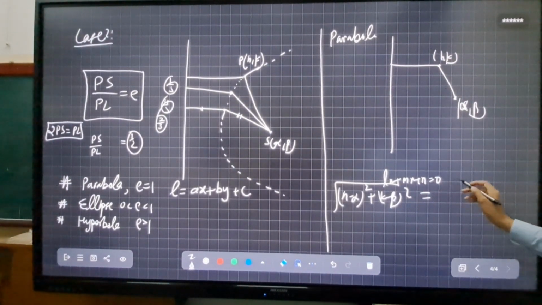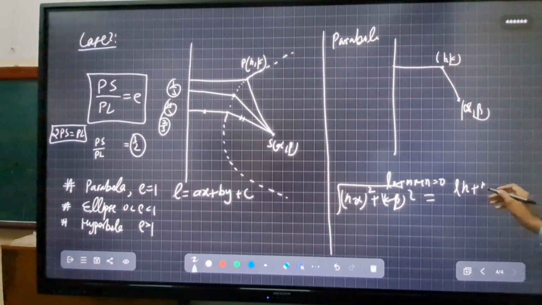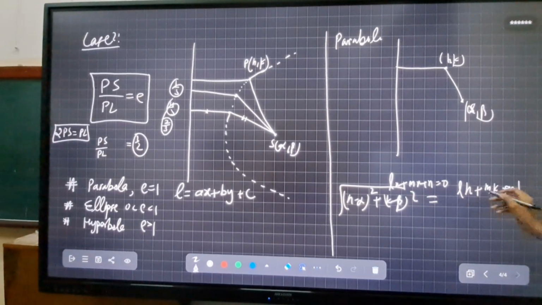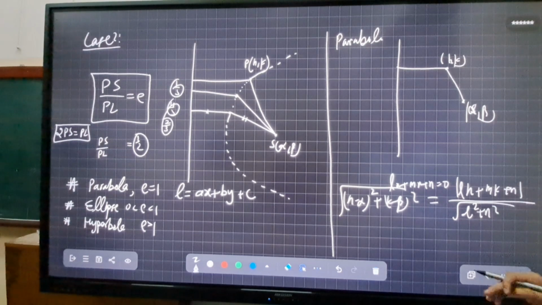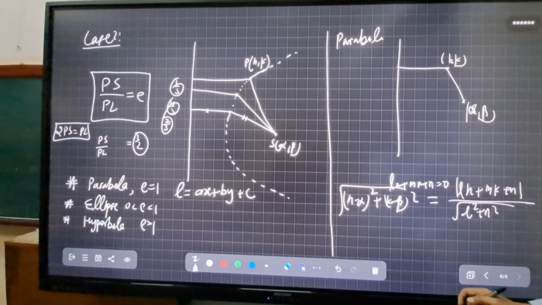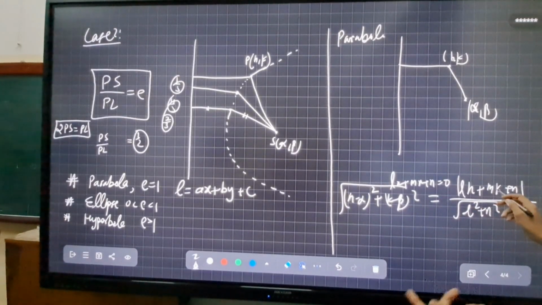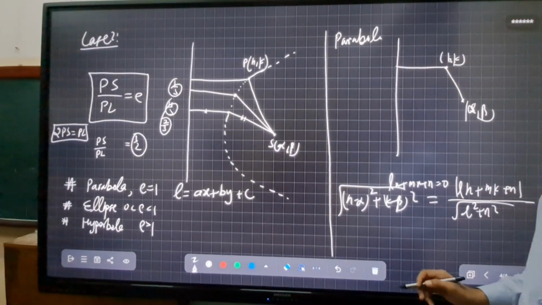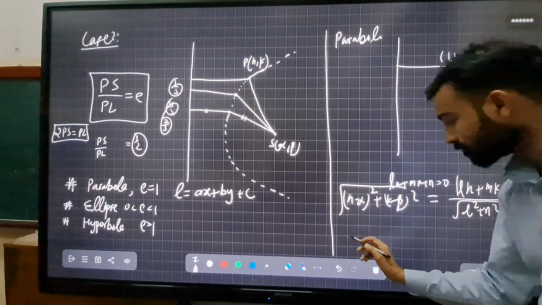That distance is mod of lx plus my plus n, divided by the square root of l square plus m square. If we square both sides and simplify, we will get a 2-degree equation in x and y.